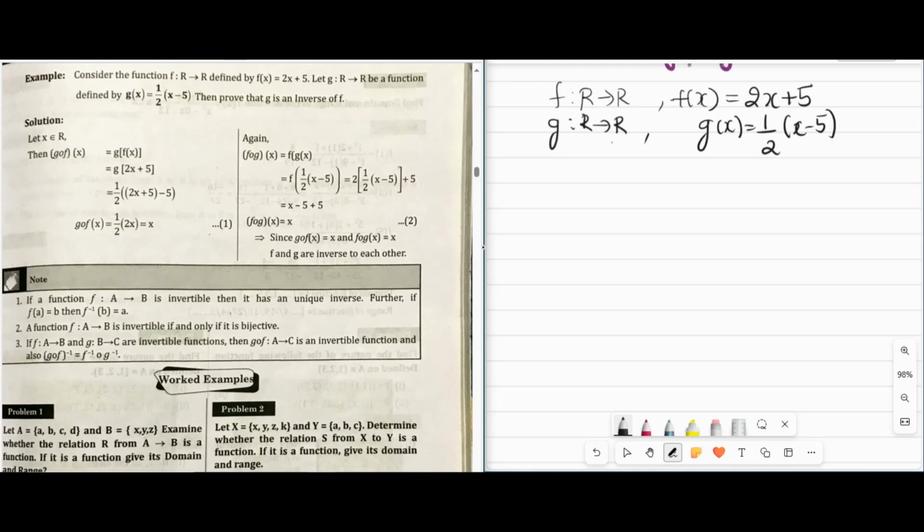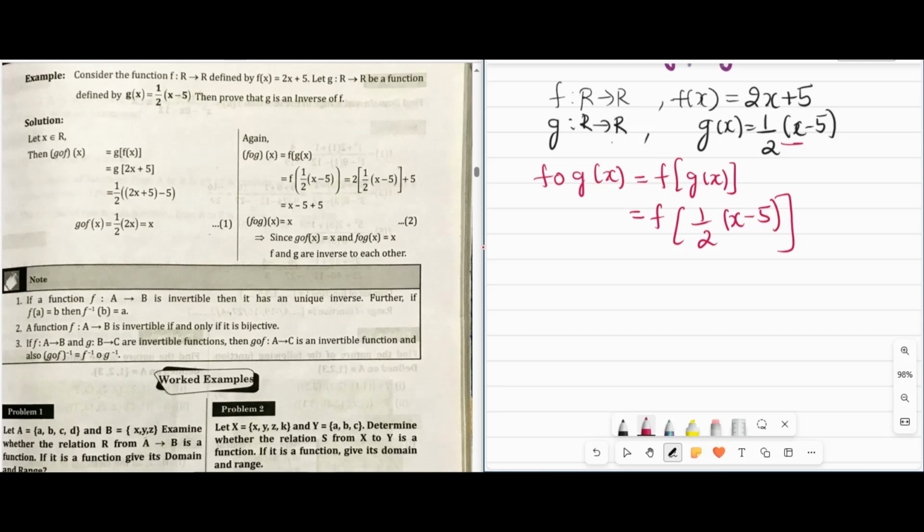We can prove it if f∘g and g∘f satisfy the condition. So it is f∘g of x or g∘f of x, anyone you can do. So it is f of g of x. What is the g of x formula? We have half into x minus 5, so we are just representing the value of g of x. Then write the formula: f of x is 2x plus 5.